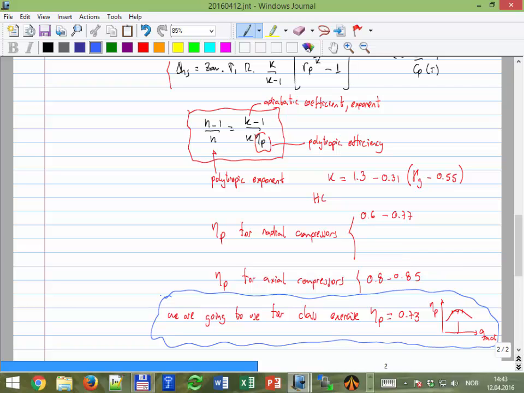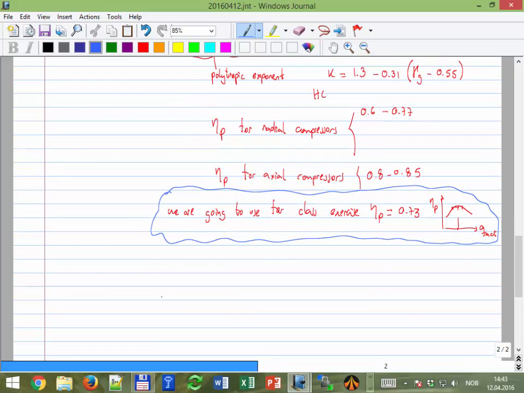So how do we calculate power? We have how to calculate temperature, that was one of the things. Then, how do you calculate power? The work times the mass flow, delta H polytropic times the mass flow. That sounds okay.